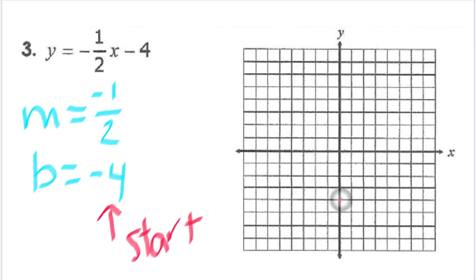So we have -4. All right, so our slope is -1/2. So for my rise, since it's -1, I'm going to go down 1 and then over 2.